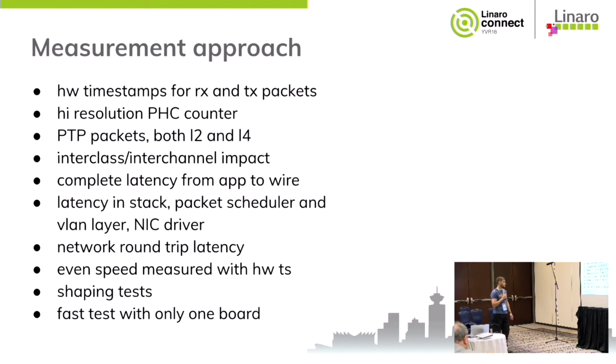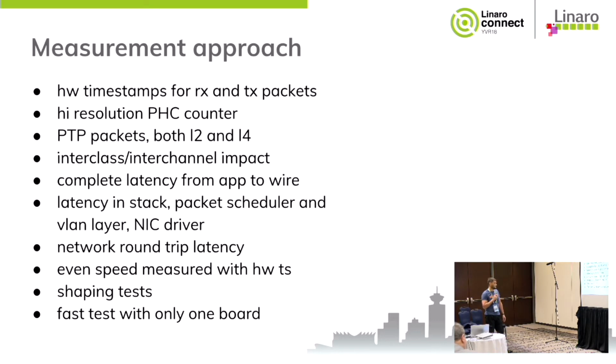Also, that allows us to measure network round trip latency. And in this case, we just measured speed. We can measure speed even for several packets because we use only hardware timestamps, and that eliminates the software impact of the driver and operating system.